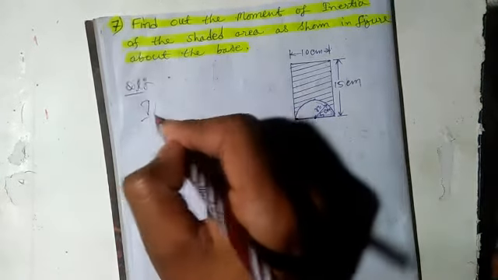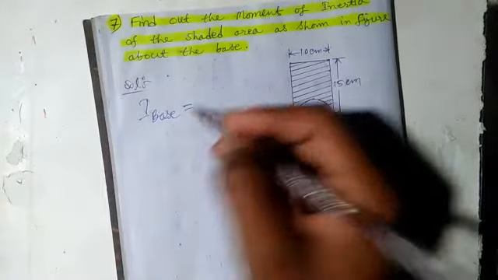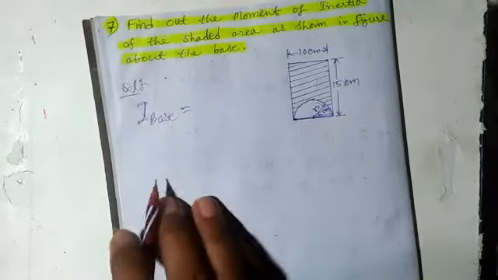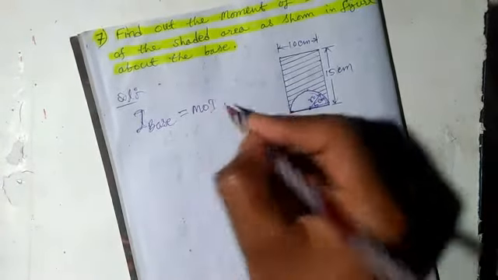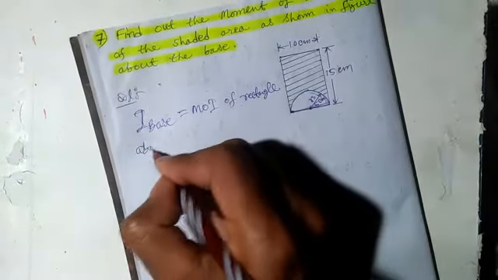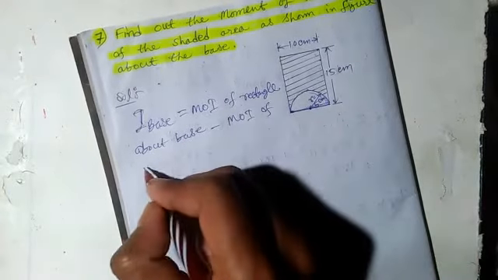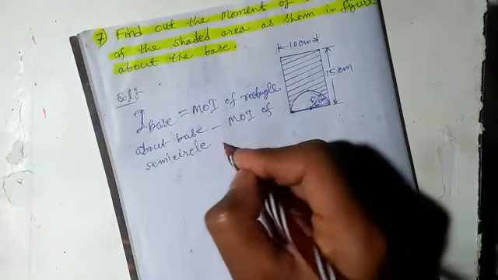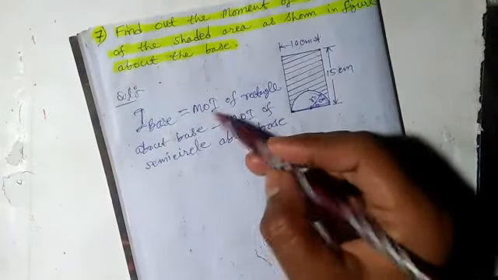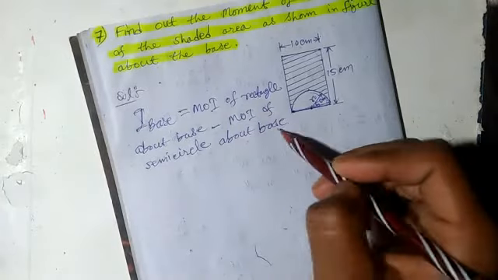Let I base, that is the moment of inertia of this figure about this base, be equal to the moment of inertia of the rectangle about the base minus the moment of inertia of the semicircle about the base.